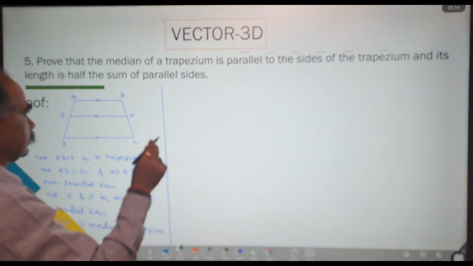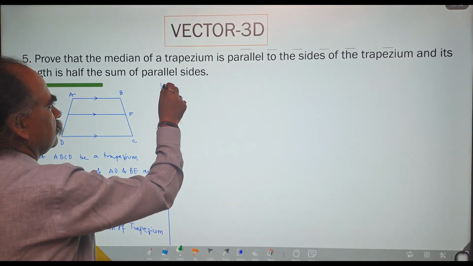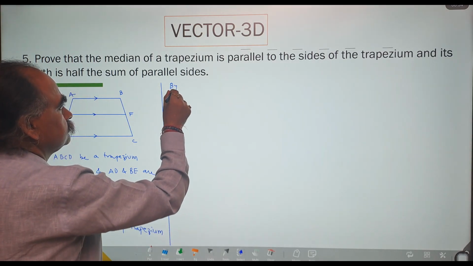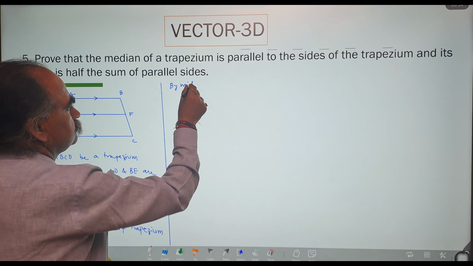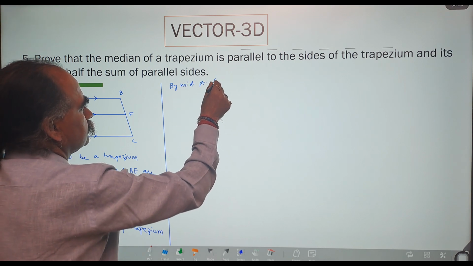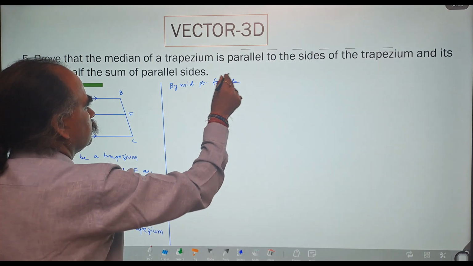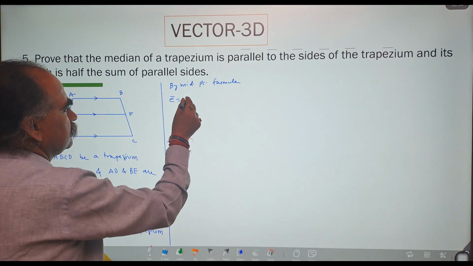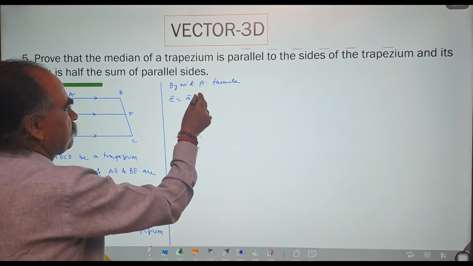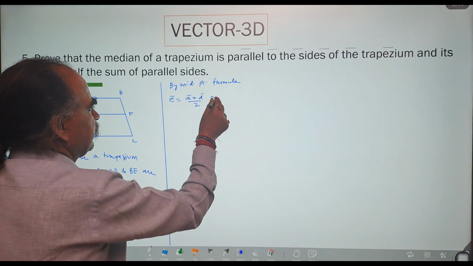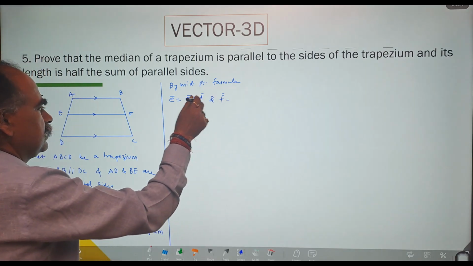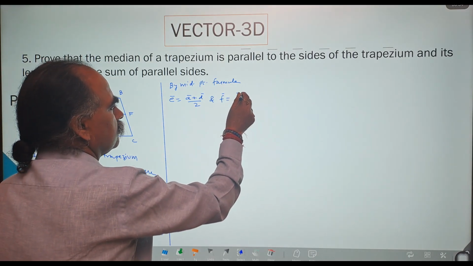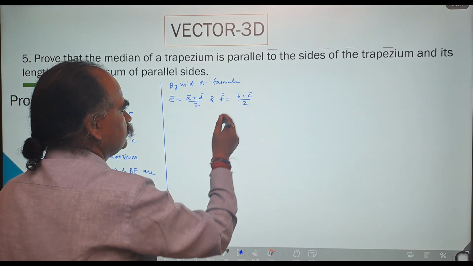By midpoint formula, E is the midpoint of AD. So E bar is what? A bar plus D bar upon 2. And F bar is what? F is the midpoint of BC. B bar plus C bar upon 2.